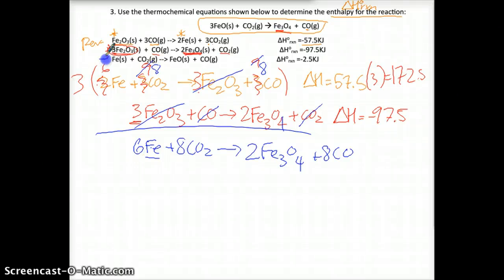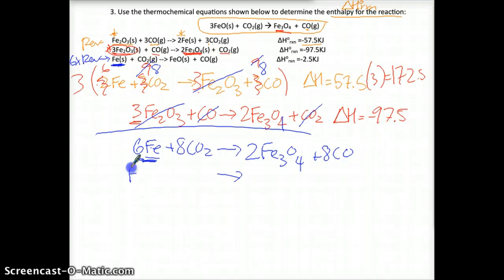Well, let's look at my last step. This last step here. Yep, there's iron, Fe, it's an intermediate, but it's on the reactant side. It needs to be on the product side because I need to cancel it with this one. So I'm going to reverse this. I'm also going to make a note of the fact that I only have 1 mole of it here and I have 6 here. So I'm going to need to reverse and times 6. So if I do that, let's rewrite it down below.